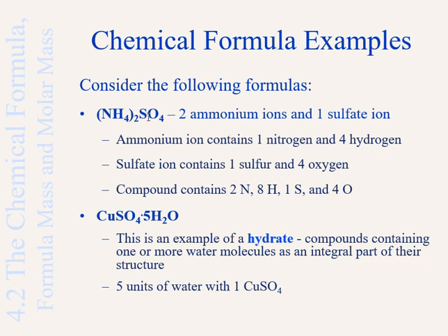For example, ammonium sulfate is made up of two ammoniums and one sulfate, but exactly how many nitrogens? Two nitrogens. This 2 here applies to this nitrogen. 4 times 2, 8 hydrogens, 1 sulfur and 4 oxygen.